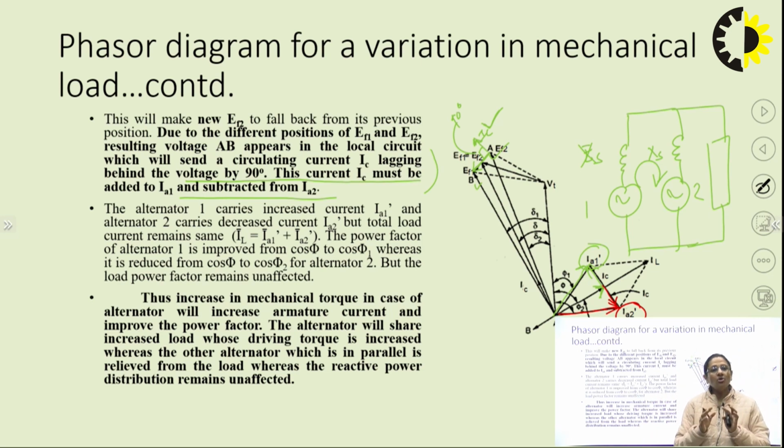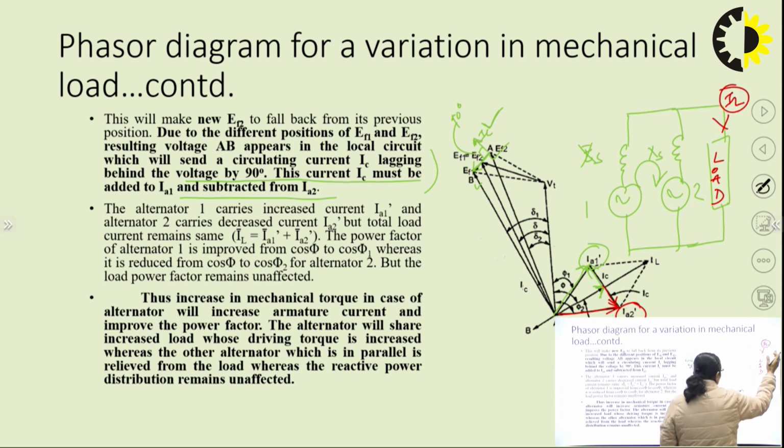The total load will remain the same, and hence the load current has to remain the same. We haven't changed the load connected in this system. There is no variation in this load. So, the total current carried by the load will remain constant at the value IL. Now, the total current supplied by the two alternators is the phasor sum of alternator currents IA1 dash and IA2 dash.